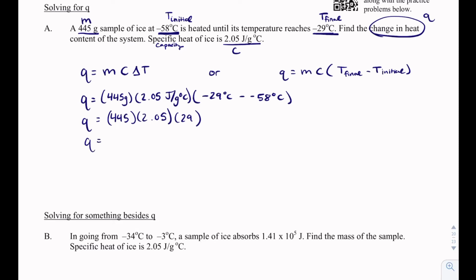And our Q, I get 26455.25 joules. If we look back at our last step, we had all multiplication and we had two significant figures as our least amount of sig figs. So this will be 26,000 joules. Okay, so that's how we solve for Q.